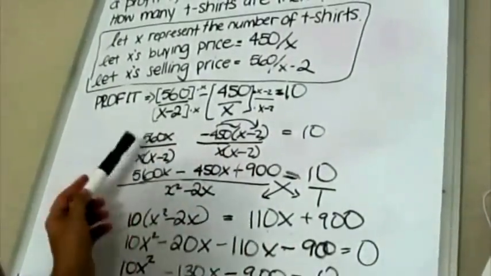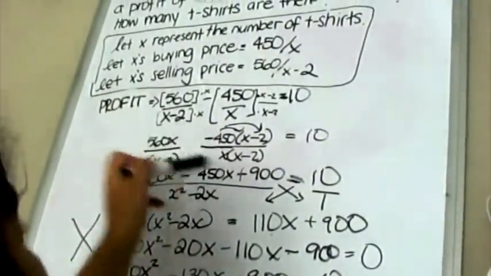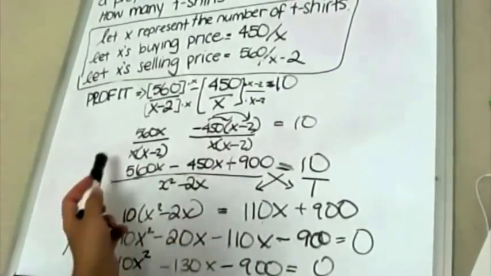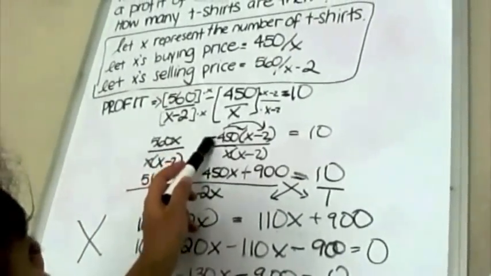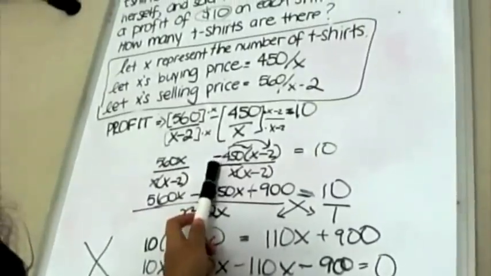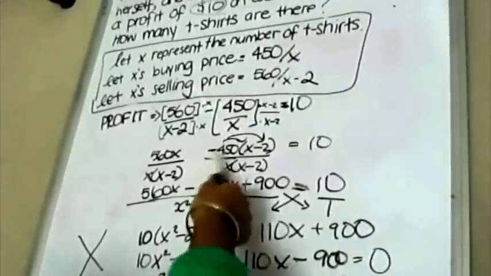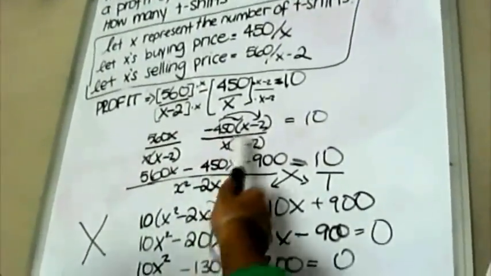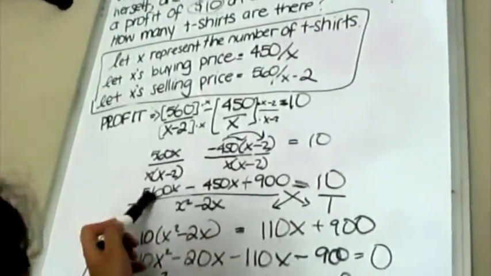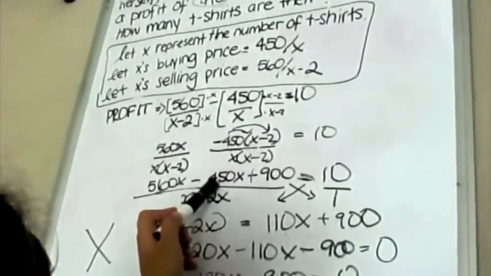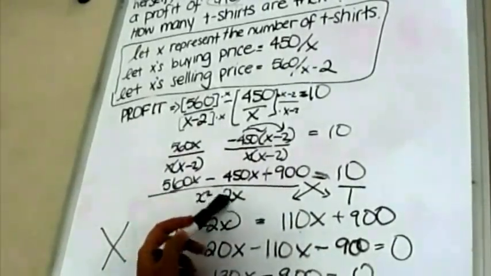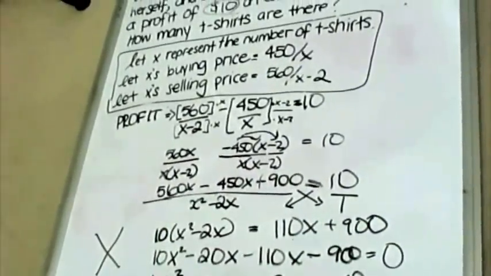So we multiply the values that make the denominator the same. You are going to have to distribute the negative 450 towards the entire binomial over here. So what you end up getting is 560x minus 450x plus 900 equals 10 over x squared minus 2x, which is the common denominator.